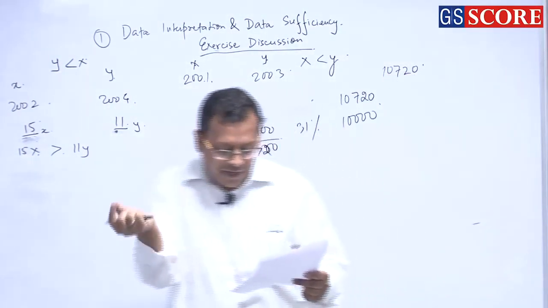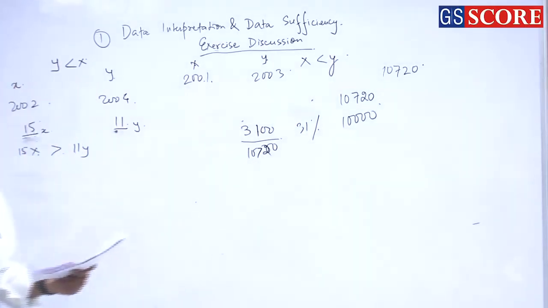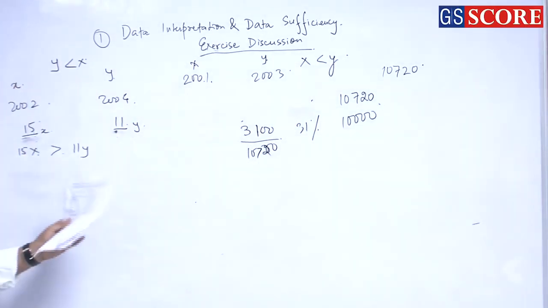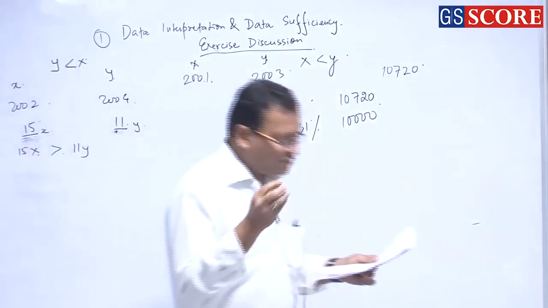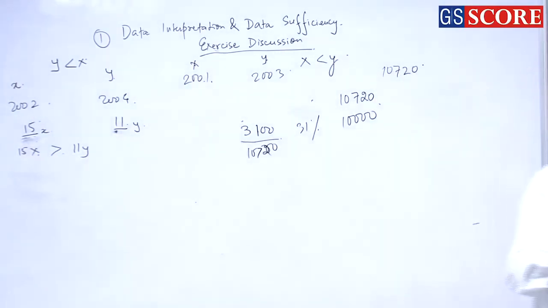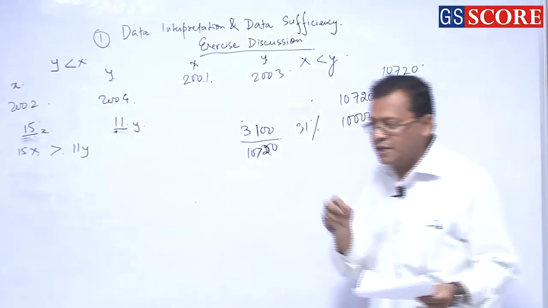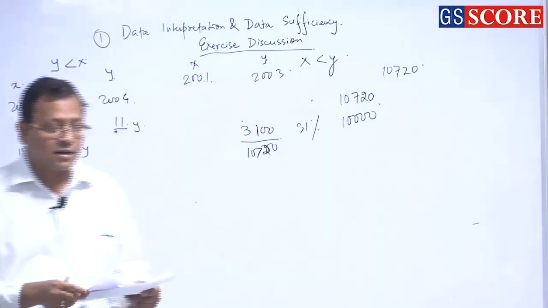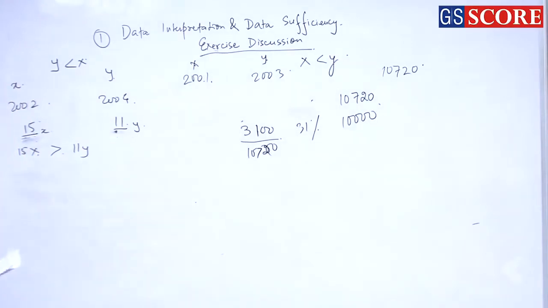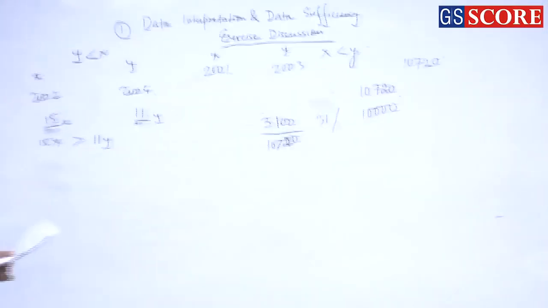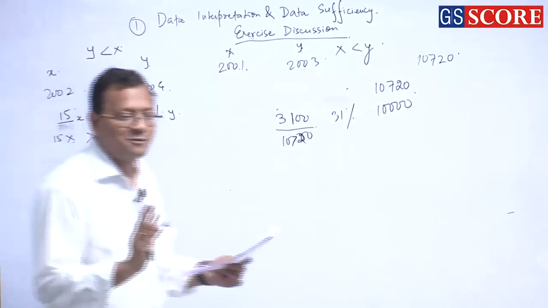Leave alone those 14 and 1 and all these things. It will all be cancelled. If the options are so close, then it's pure bad luck for you. You have to leave that question. I told you just before that leaving a question is as important as doing that. But this is not the case here. The options are a little bit far. Even if you say 30.9 and 31.5.